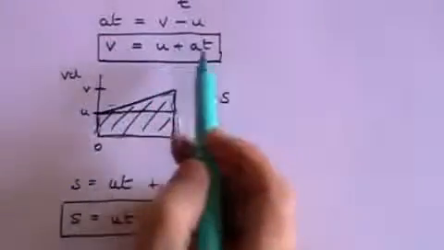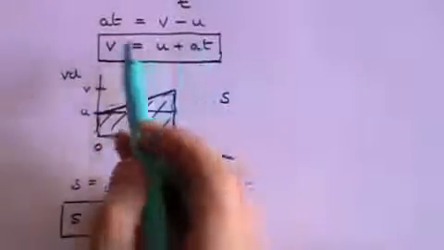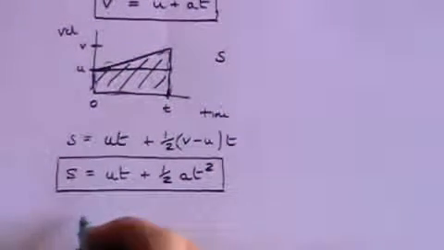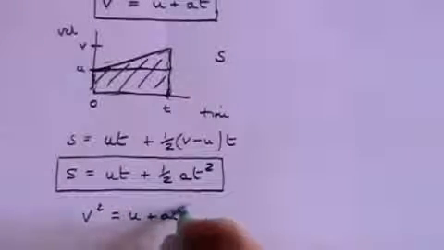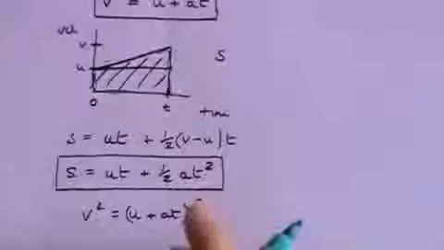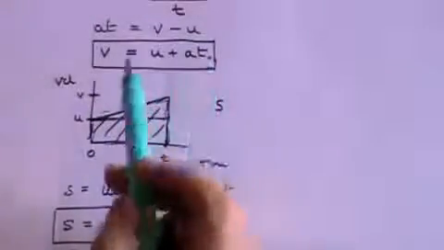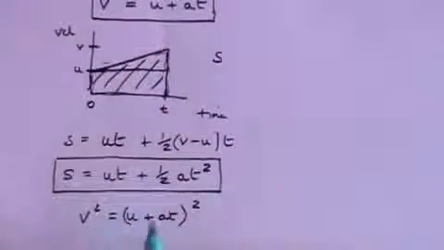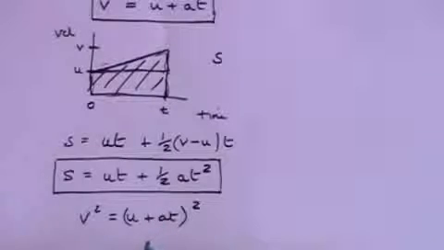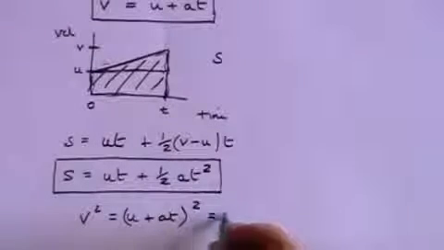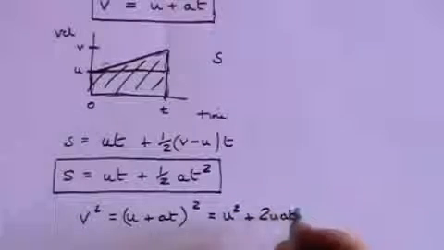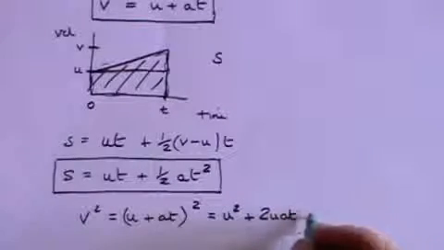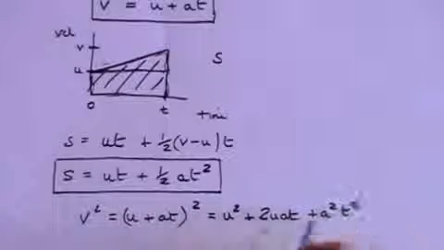Now let's go back to this equation here, and we're just going to square it. And that gives us that v squared equals u plus at all squared. That was from that formula there, we get this here by squaring both sides. And that is u squared plus 2uat plus a squared t squared.